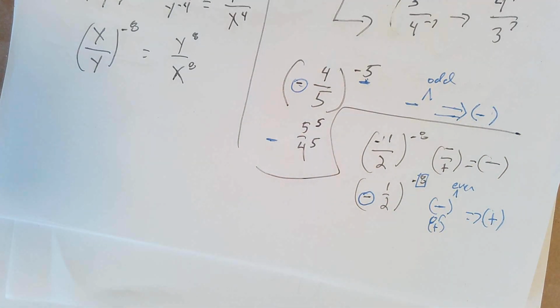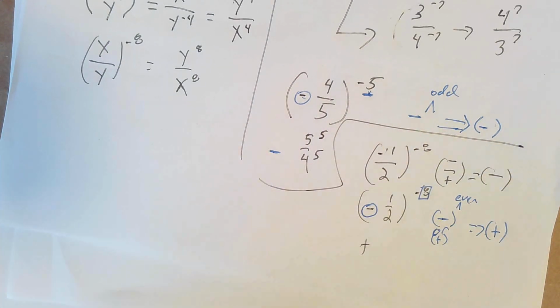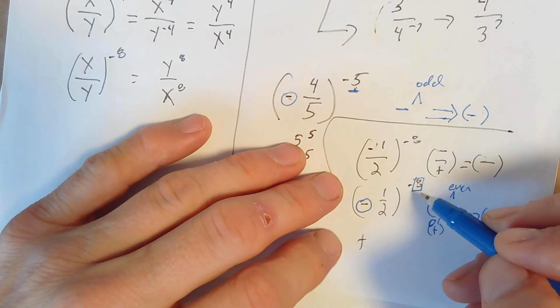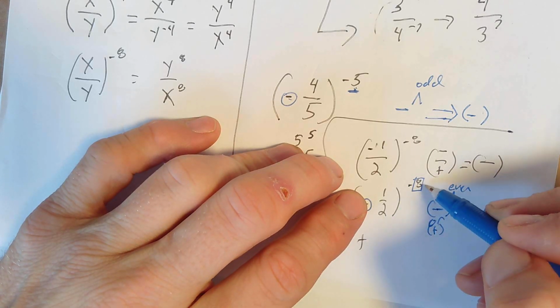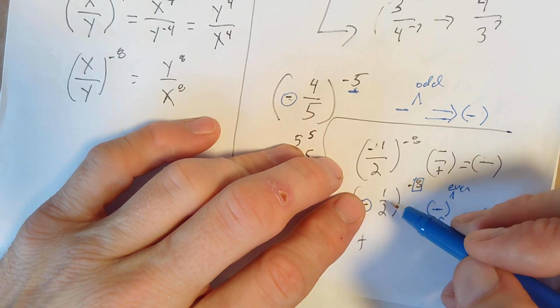So my answer is going to be positive. If I need to write a positive so I don't forget it, that's fine. You don't have to write the positive because it's not conventional to do that, but I will. Now I have a negative 8 applied to a 1/2.